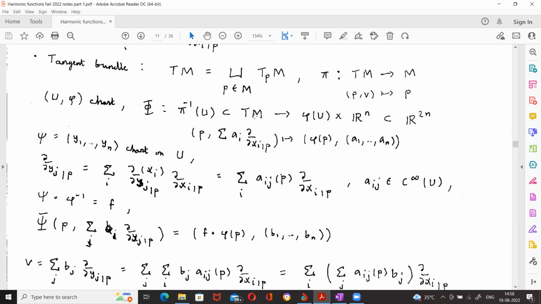Well, I haven't given a topology actually; rather, the topology will come from these charts. So let me look at the set pi inverse U.